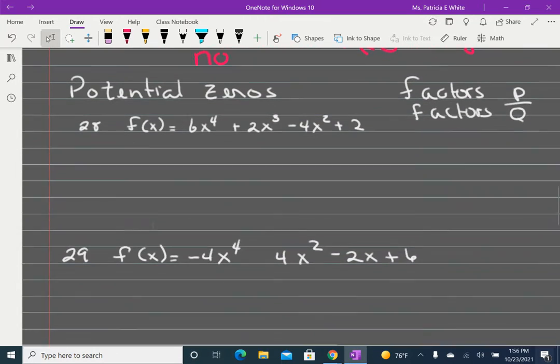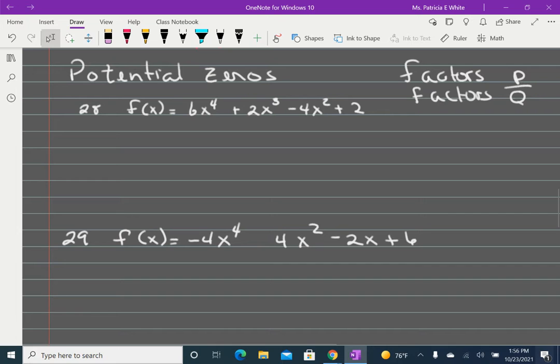All right, potential zeros. Now, remember, we need our factors of p being the last constant term, and q being the leading term. My factors of 6 are going to be 1, 2, 3, and 6.